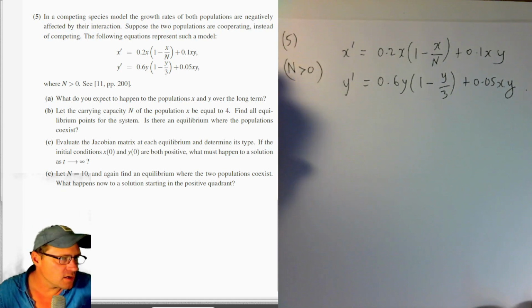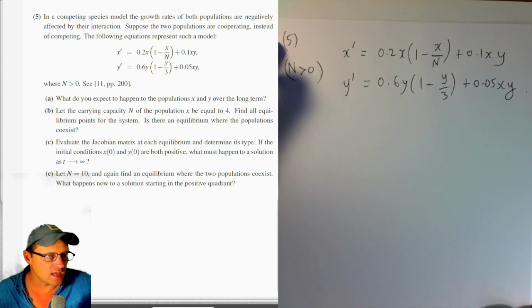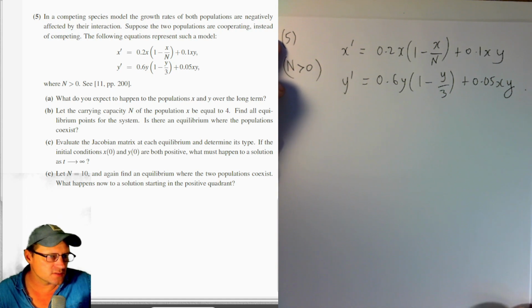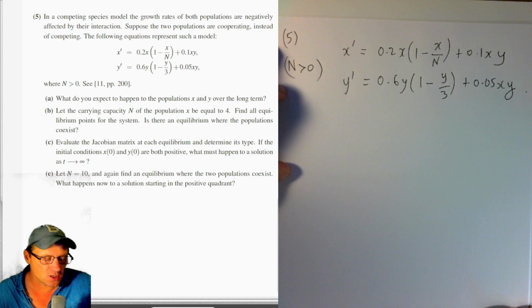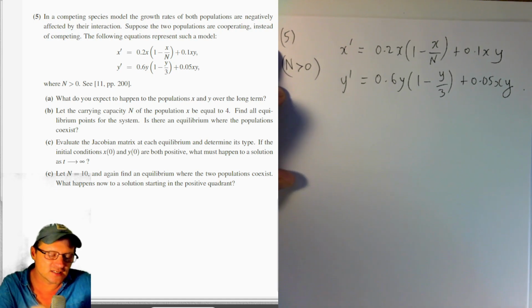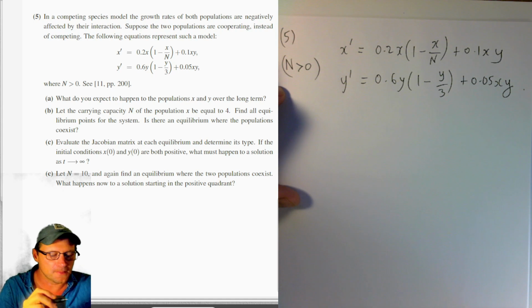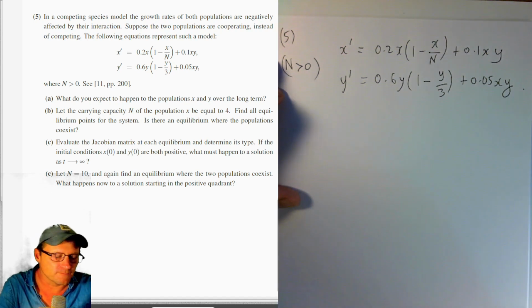We'll see. Okay, let the carrying capacity N of the population X be equal to 4. Find all equilibrium points for the system. Is there an equilibrium where the populations coexist? All right, well, let's see whether we can solve this in terms of N first, and then we can sub in N as 4.